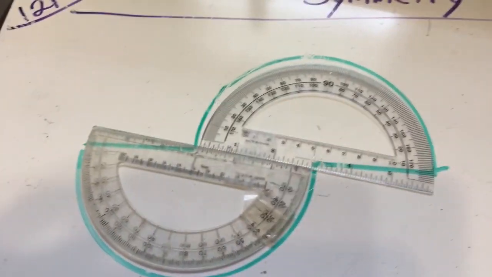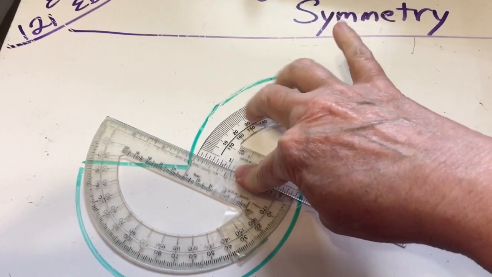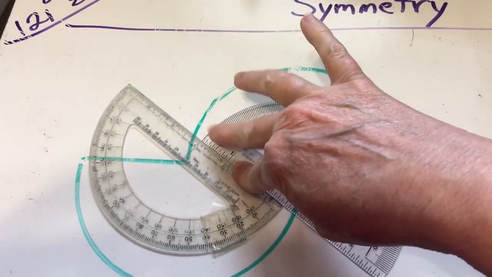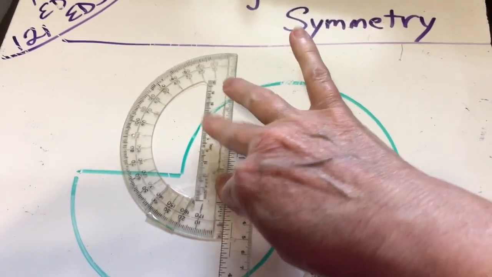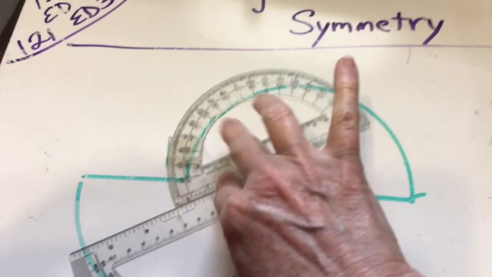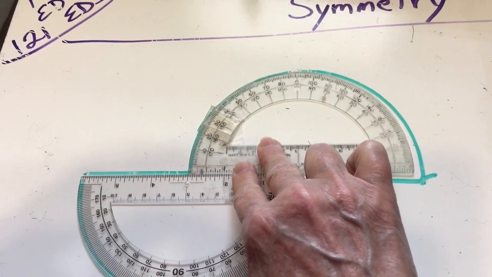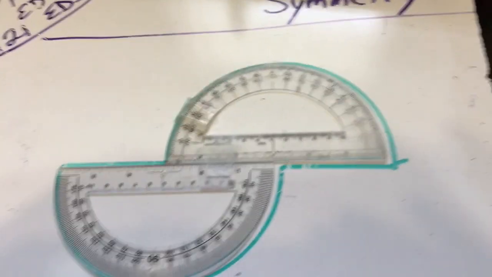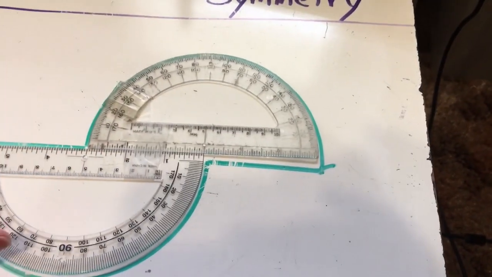So let's just try to put my finger there and then spin it about its little point of symmetry, trying to keep it the same. Now, I am only spinning it 180 degrees.